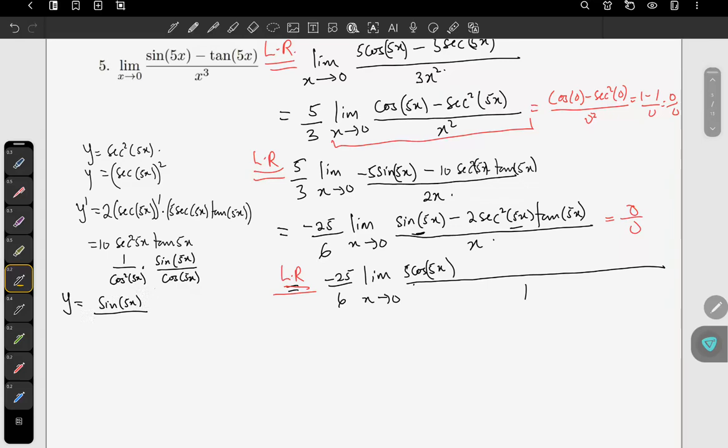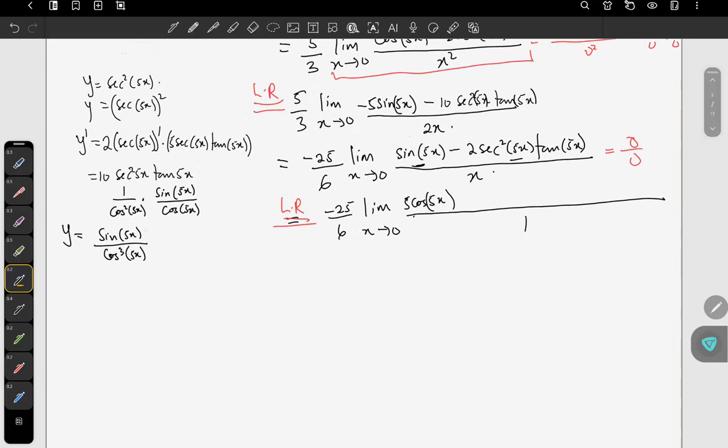Which one will be better, to use quotient rule or to use product rule? So let's use quotient rule. So u over v, and we know that dy/dx is equal to v du/dx minus u dv/dx all over v squared.